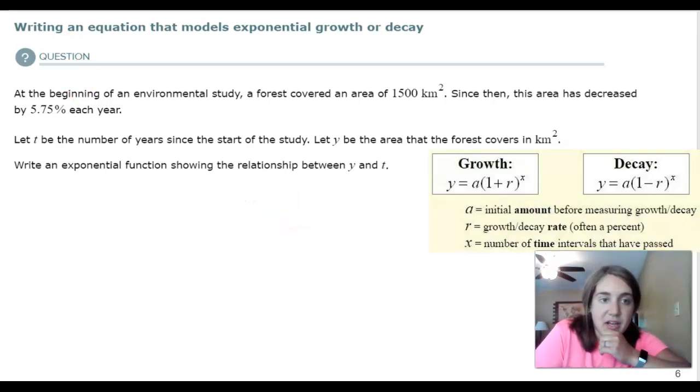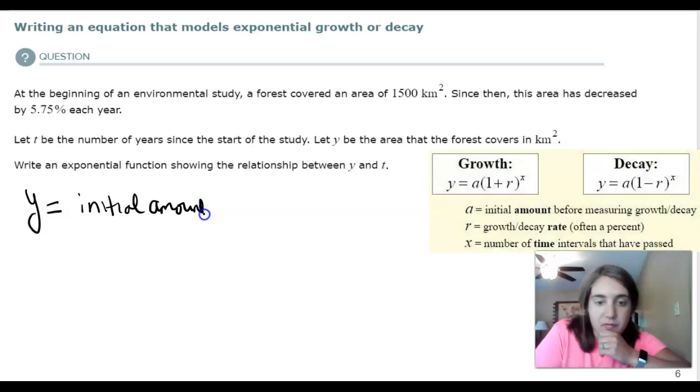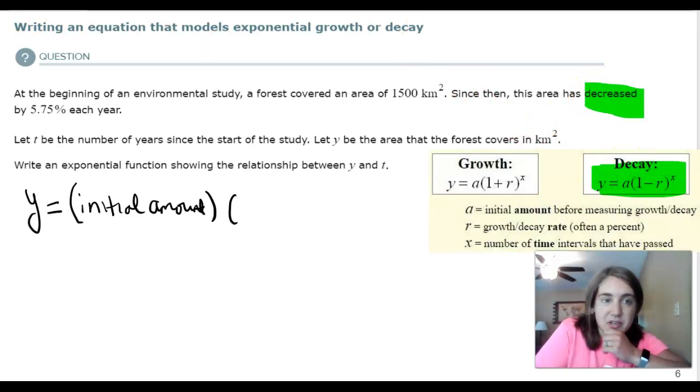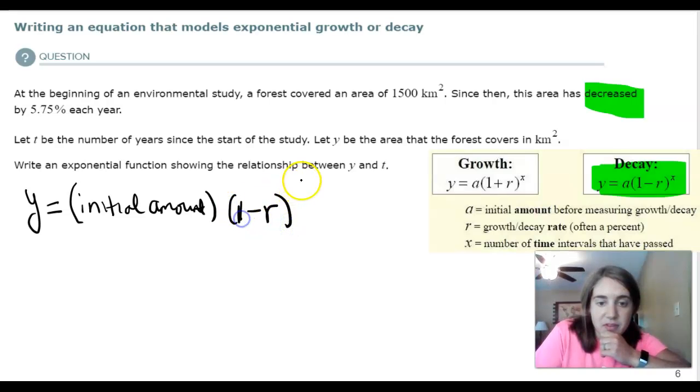So I know that I do y equals initial amount, and this is decrease, so I'm going to use this equation, 1 minus r to the time t.